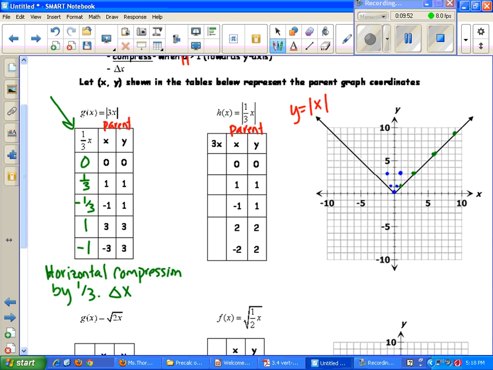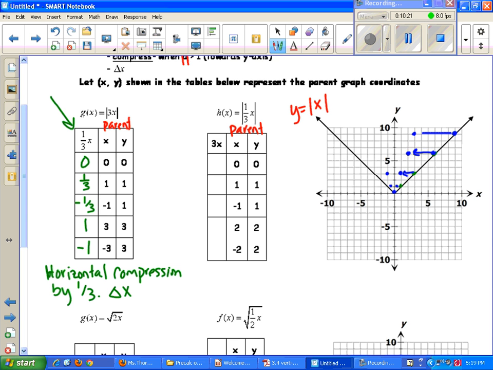So notice that we took this x value right here, and we multiplied the x value by 1/3, keeping our y value the same. So then over here, if we multiply this point by a third for the x value, 6 times a third is 2, so I know this is going to be here at 2. And then we have an x value of 9 here, so 9 times 1/3 would give me 3.